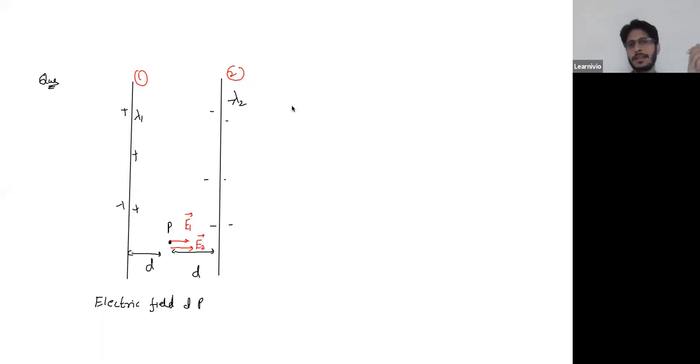Both the fields are acting in the same direction, so you can easily add them. The net field at point P is just the vector sum of E1 and E2.